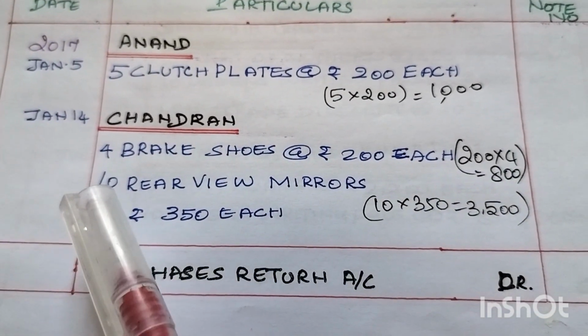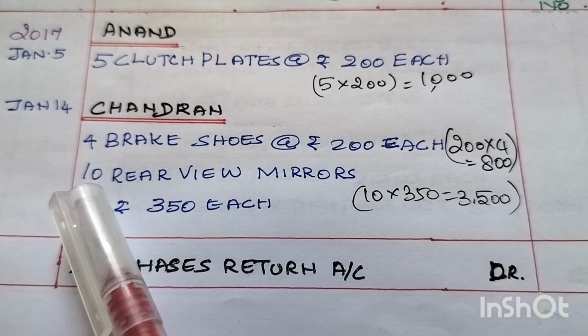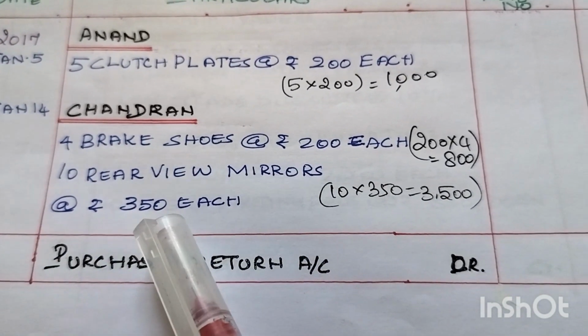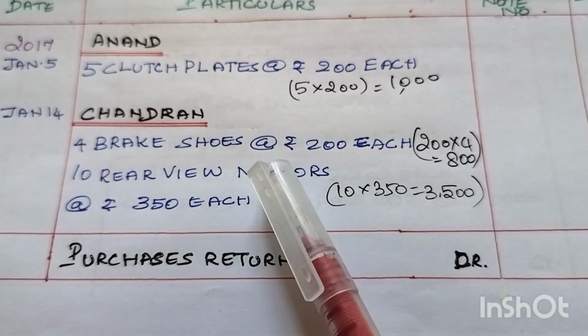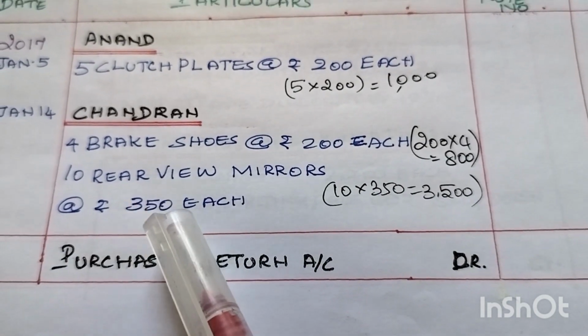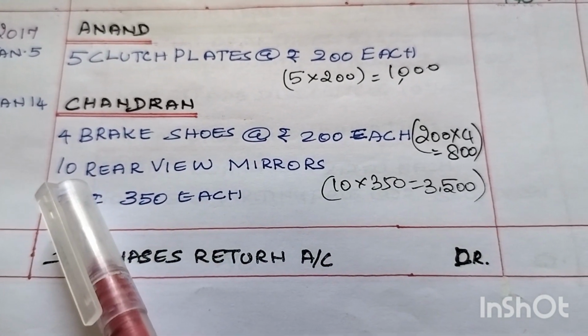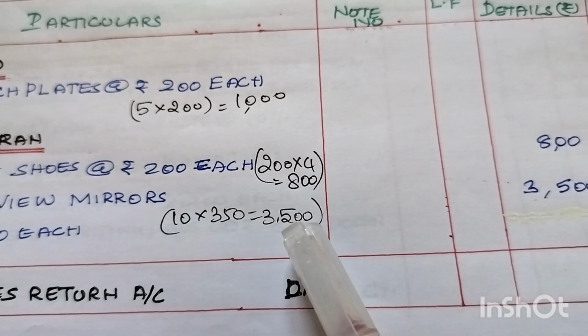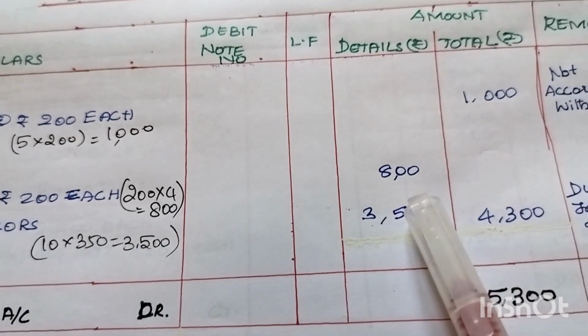Then you have returned to Chandran 10 rear view mirrors at rupees 350 each. So one rear view mirror rate is rupees 350. How much for 10 rear view mirrors? 10 into 350, you get 3500. You enter that amount into the details column.